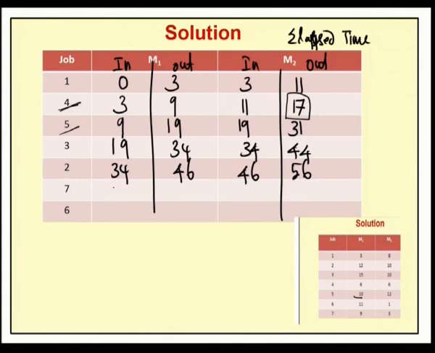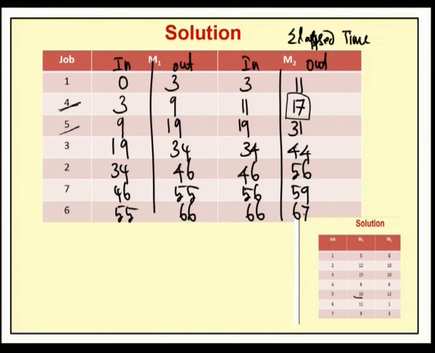And that of job 7, starting time is 46 and ending 55, and for machine 2, 56 and 59. So for job 6, under machine 1 the starting time is 55, ending time is 66, and under machine 2 starting time is 66 and ending 67.